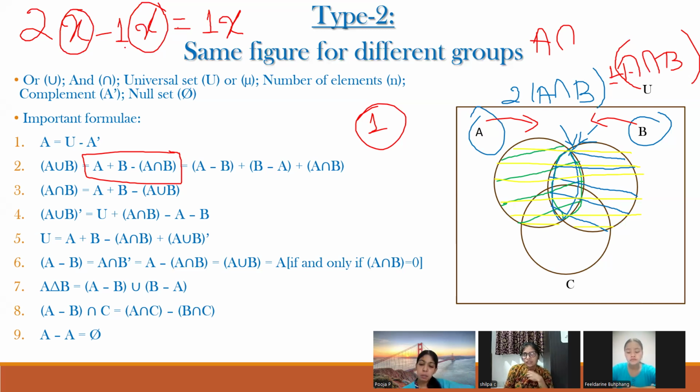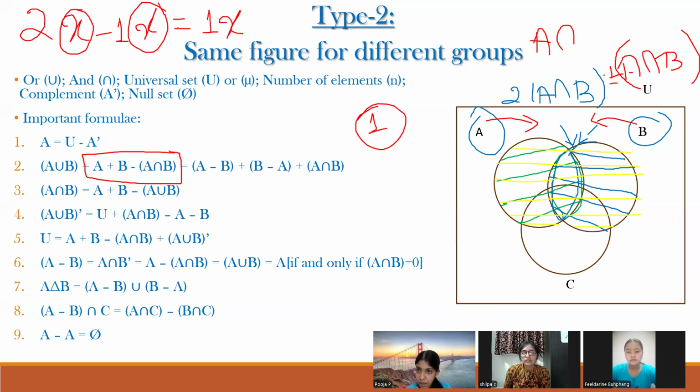X cannot change in between to 20 or 100. Since I've taken x here and here, both places it is x. Since the variables are the same, you can do the mathematical operation on the constants. That is how you took 2 minus 1, 1 multiplied by the variable, because in both cases it was the variable x. So you took 1x.